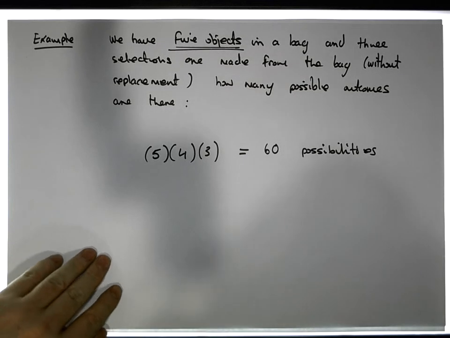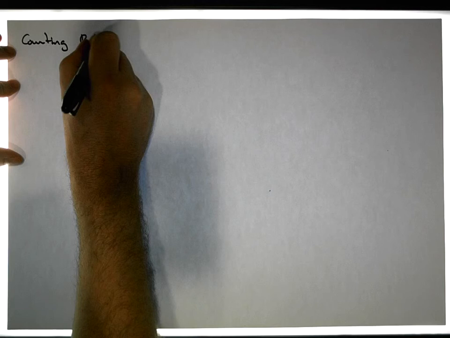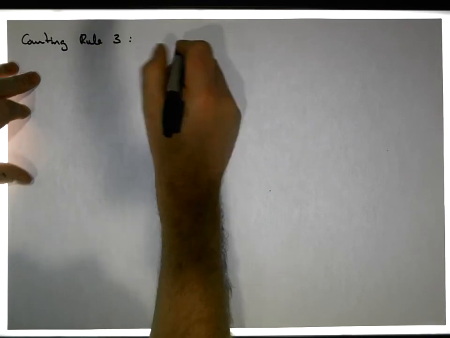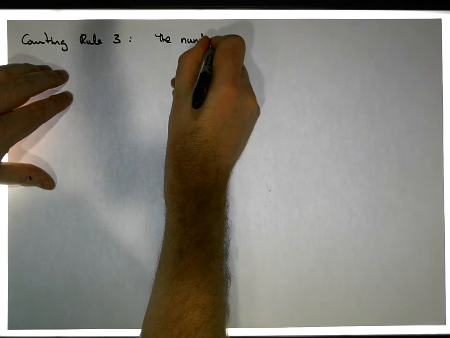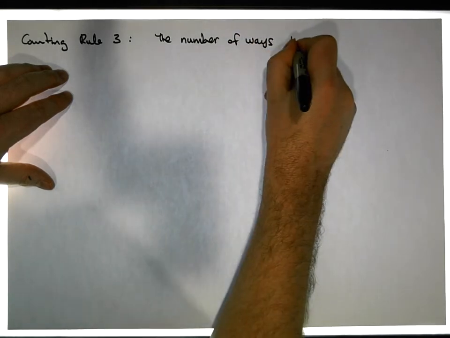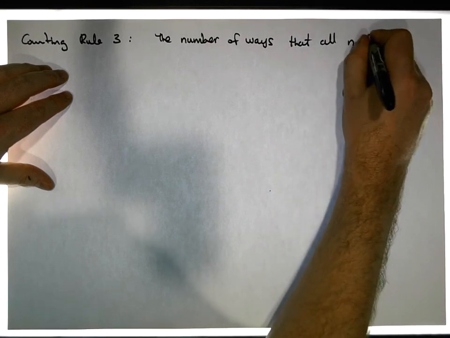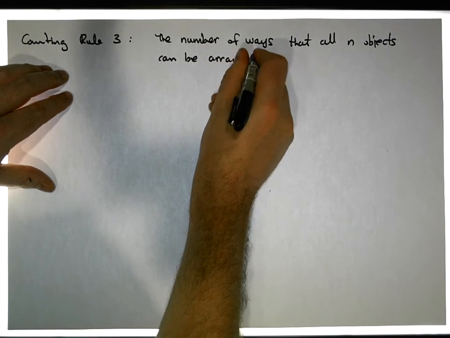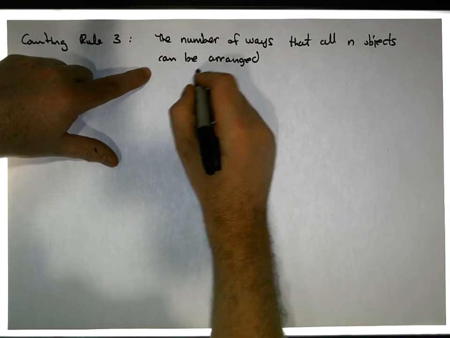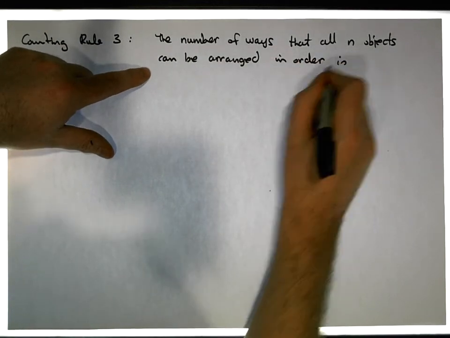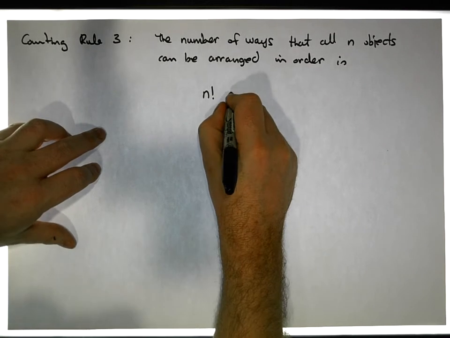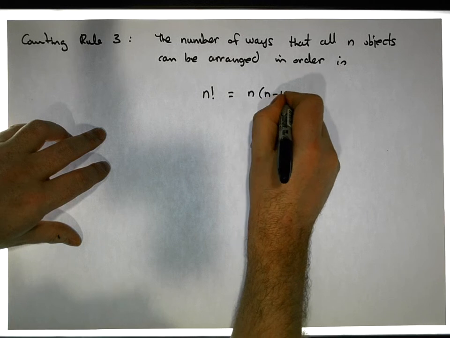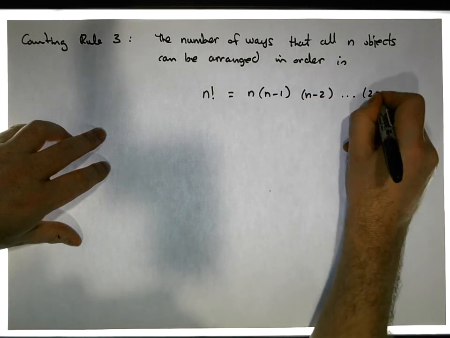Counting rule 3 says this: the number of ways that all n objects, which we're considering to be different and unique objects, can be arranged in order is n factorial, which is equal to n times n minus 1 times n minus 2, all the way down to 2 times 1.